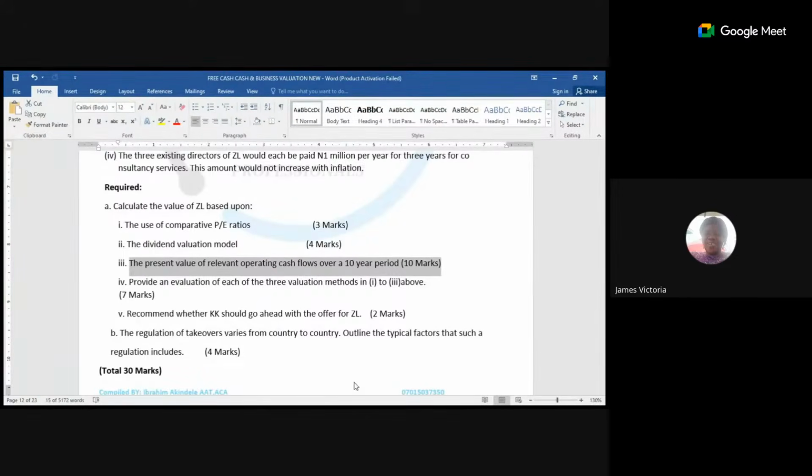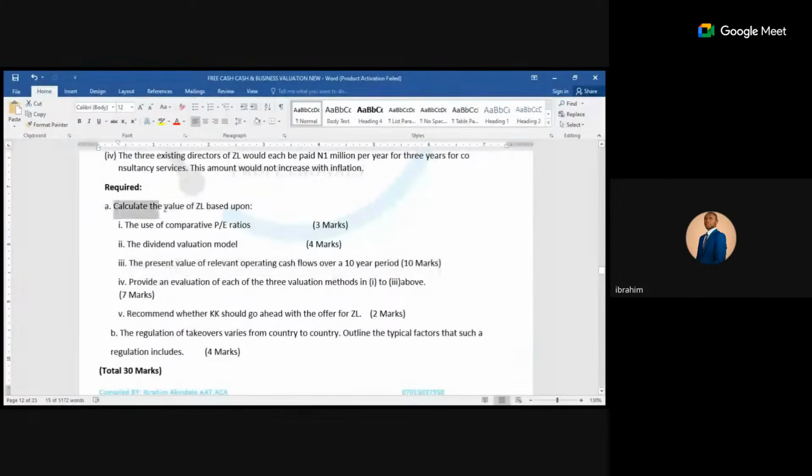Provide the evaluation of each of the 3 valuation methods in 1 to 3 above. 5. Recommend whether KK should go ahead with the offer for ZL. Then B. The regulation of takeover varies from country to country. Outline the typical factors that such a regulation includes. Okay, thank you so much.